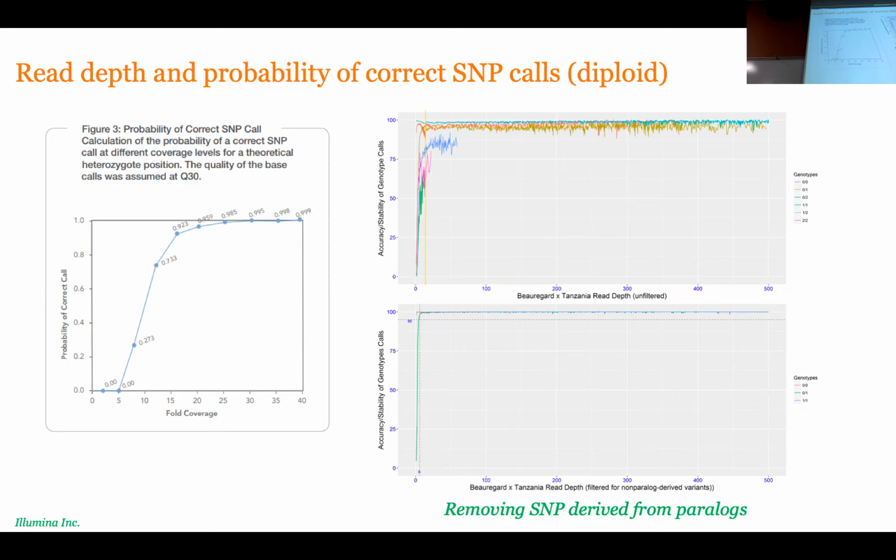Then we started subsampling. When we subsample, on average we capture one read, and we ask what's the accuracy of capturing that genotype accurately: 2 reads, 3 reads, all the way to 500 reads.